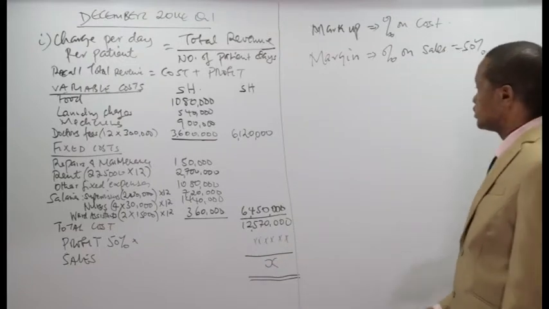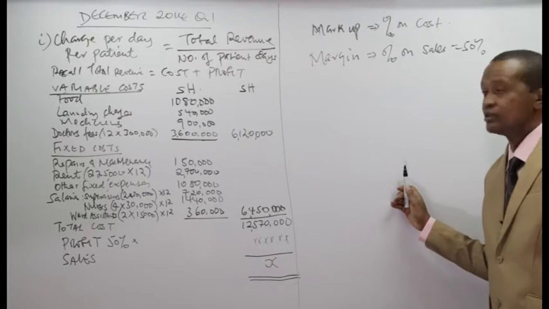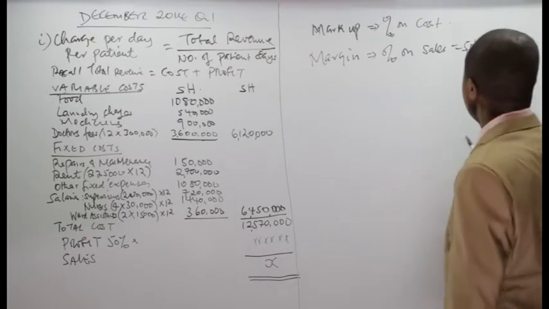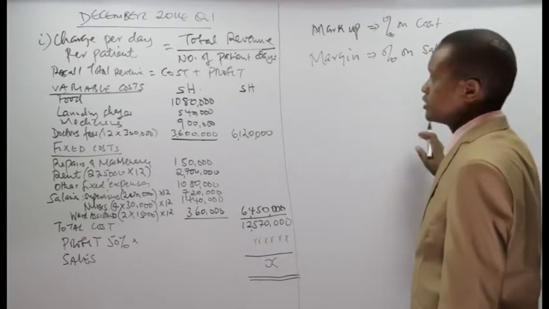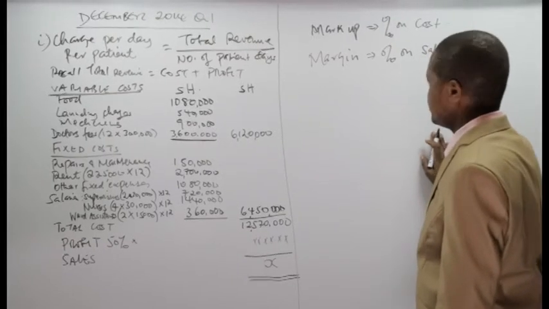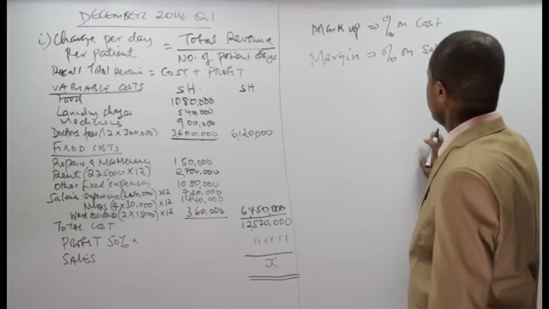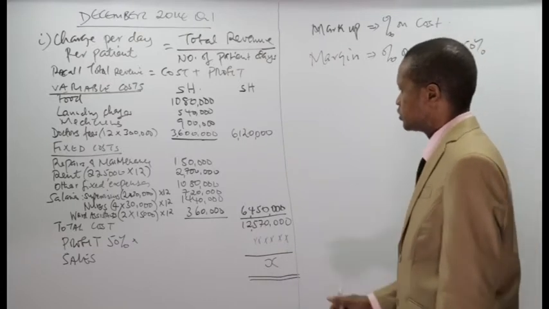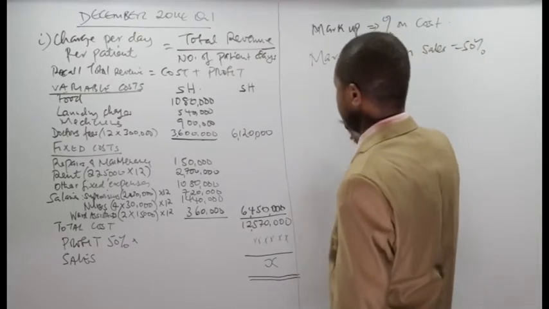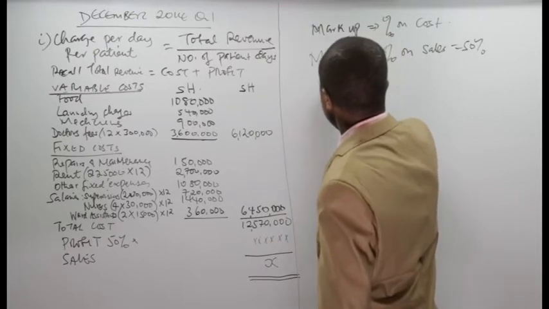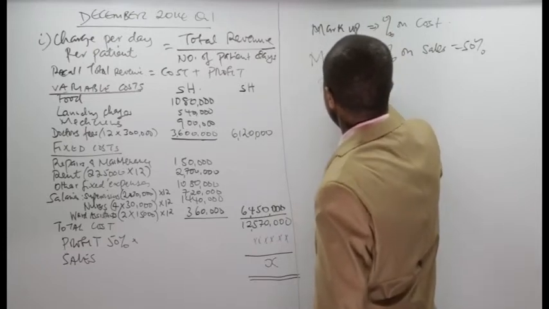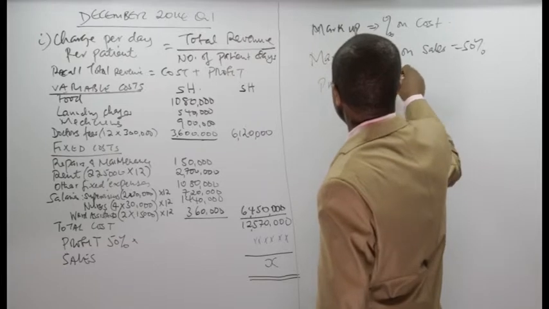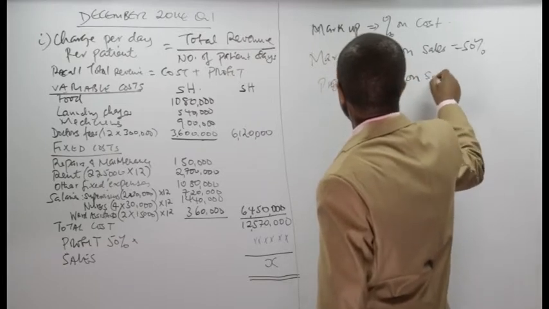There are many ways of calculating this. One of the best ways is by making sales unknown. We are told from the question that profit is equal to 50% on sales.